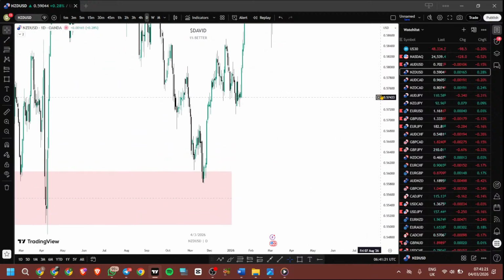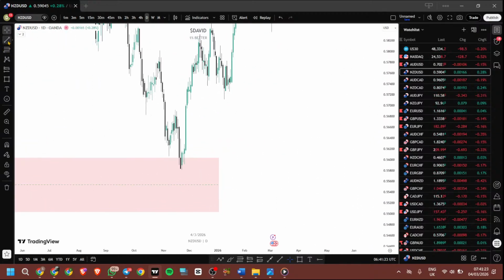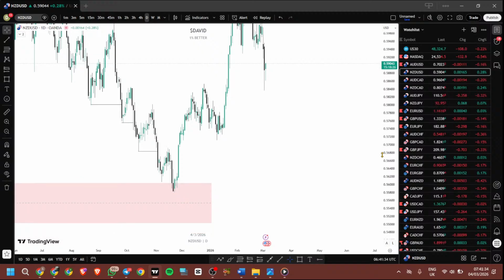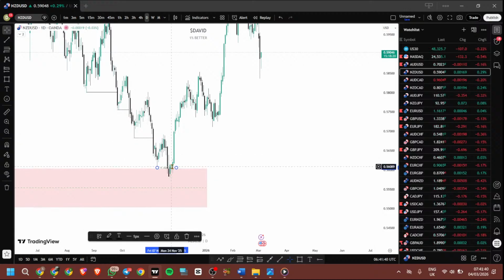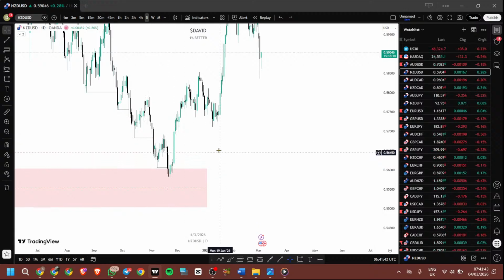So if we should go closer, we could see price was trading bearish, bearish, bearish, right? Trading bearish too, right there. And what happened?